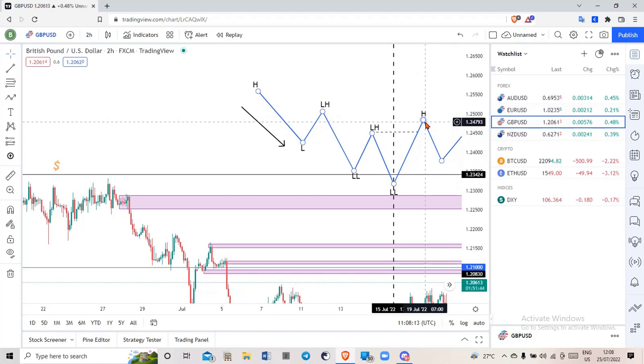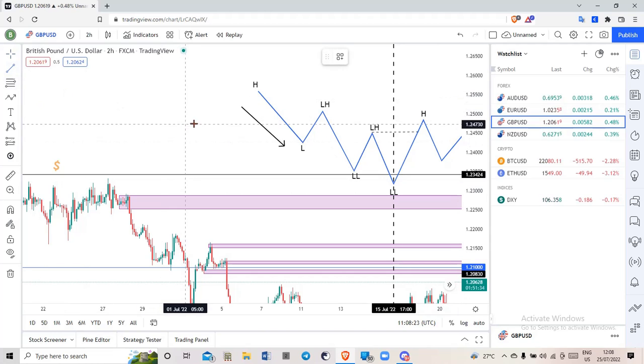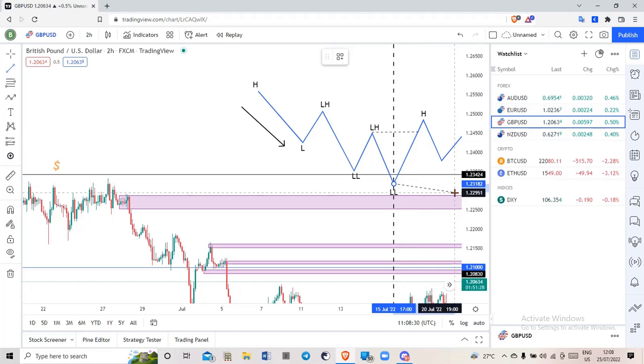Now when it did that, it came down, but it didn't go as far down as this one. It didn't get down to this particular area. Normally we would have expected it to break through it so that we can call it a lower low, right?